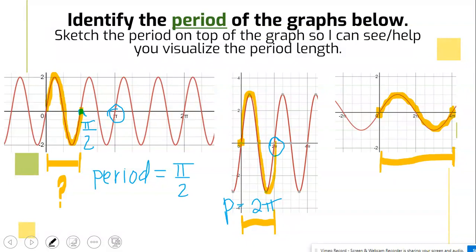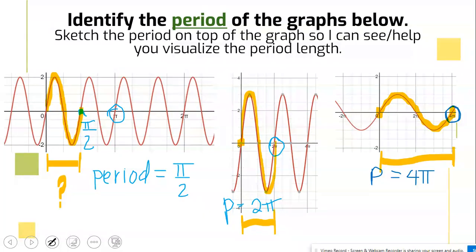And again, you can pretty much always just look at where it ends and look at the x-axis. That's going to tell you that distance: 4 pi. So here the period is 4 pi. For this other one, it's stretched out a little bit longer. It only does half of the graph from 0 to 2 pi.